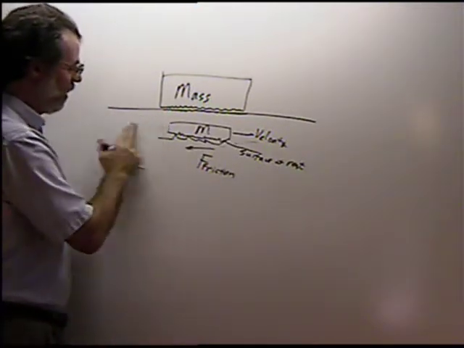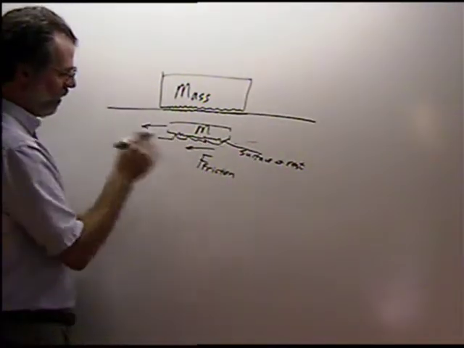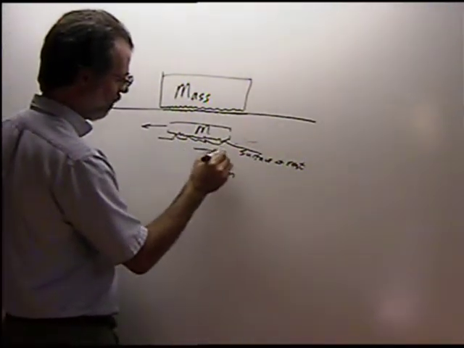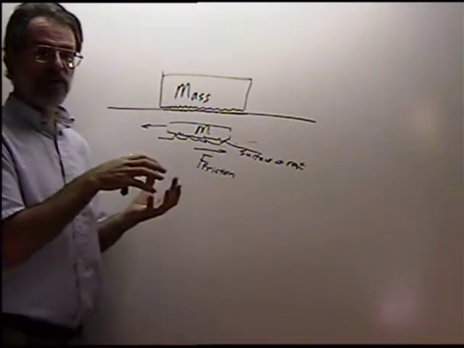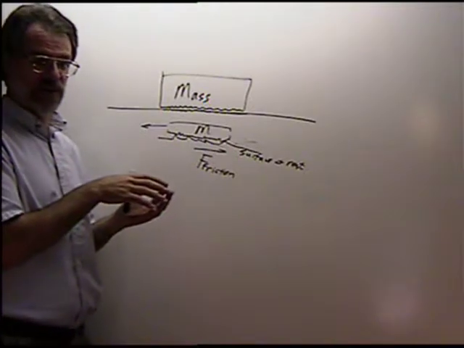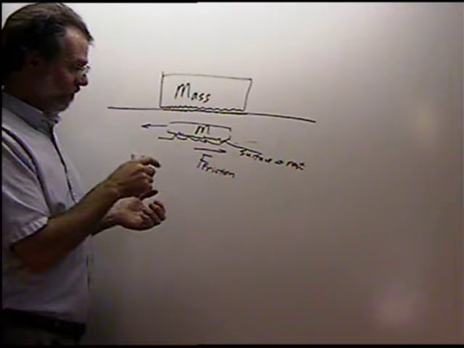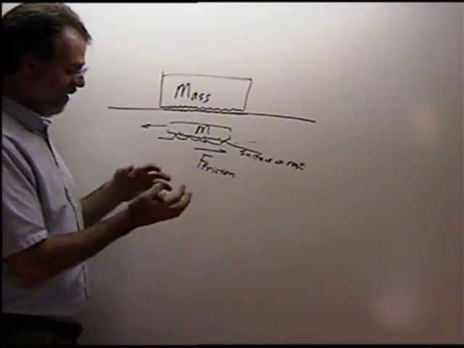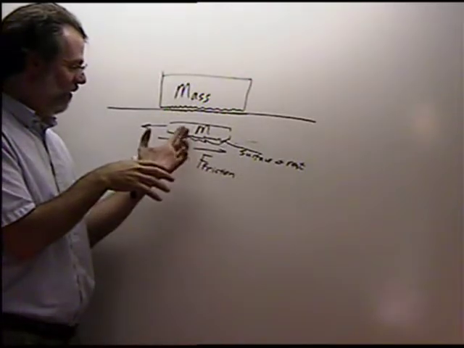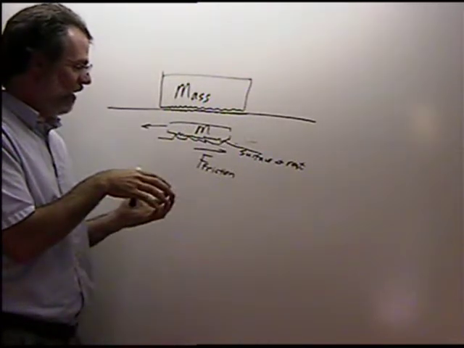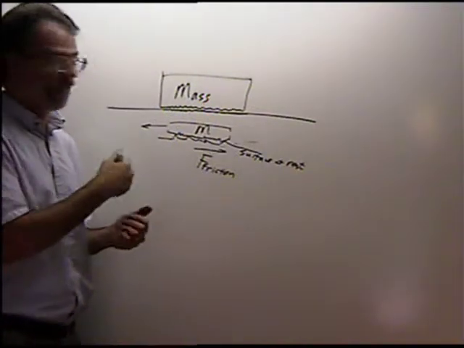Suppose the mass were traveling in this way. Again, the force of friction would be opposite. The force of friction always opposes the direction that the mass moves. And this will always be because the surface is always grabbing the bottom surface of the mass, and it always grabs it in a way that resists the motion.